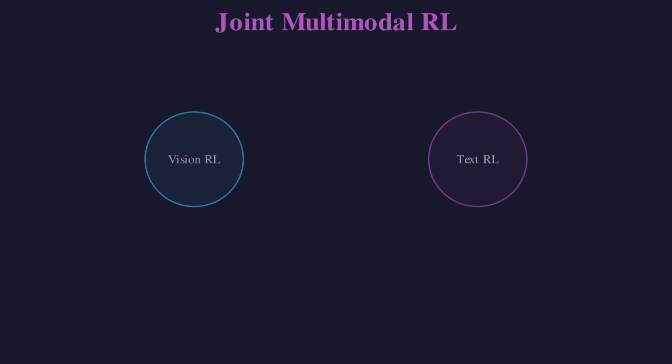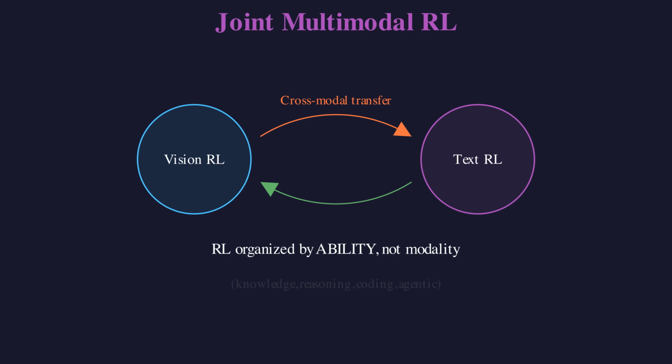Just when you think the cross-modal surprises are over, there's one more that ties everything together. They applied reinforcement learning specifically to vision tasks, rewarding the model for getting visual questions right and penalizing wrong answers. Standard RL fine-tuning. But then they checked the text benchmarks, and the text scores went up.